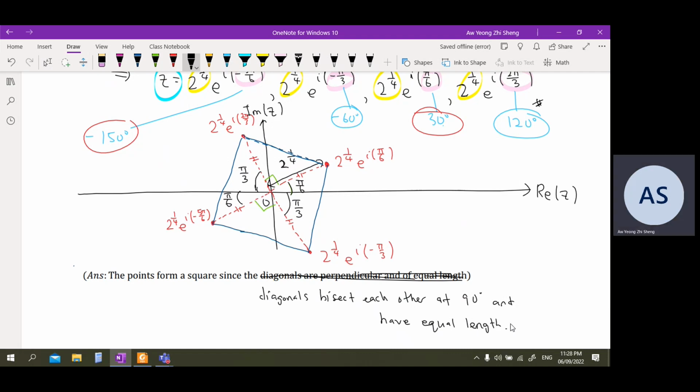Yeah, then this reasoning will be more complete. Because the printed reason there didn't mention bisect. Bisect means they cut each other into half. Yeah. Okay, so this is the answer for the description of the geometrical shape and also the justification.